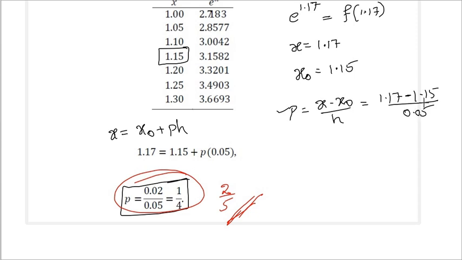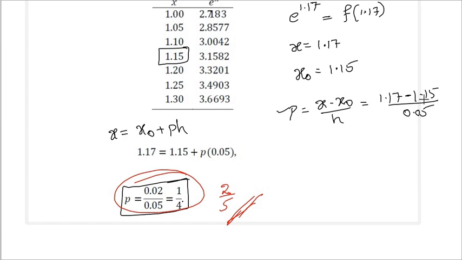If we compute this, it is 0.02 only, so this is just 2 by 5. So what they are supposed to write here is 0.4, but somehow it became 1 by 4. So this is wrong, this must be equal to 2 by 5. Here p is not 0.25, it is actually 0.4.